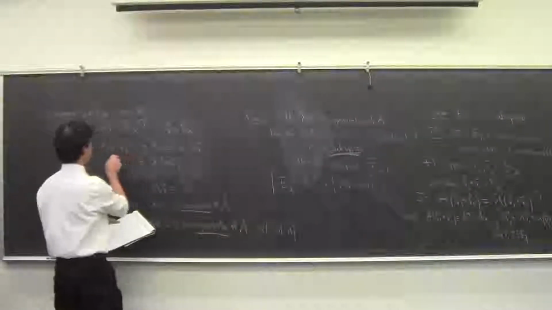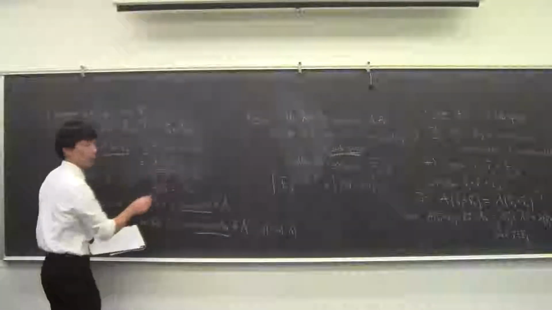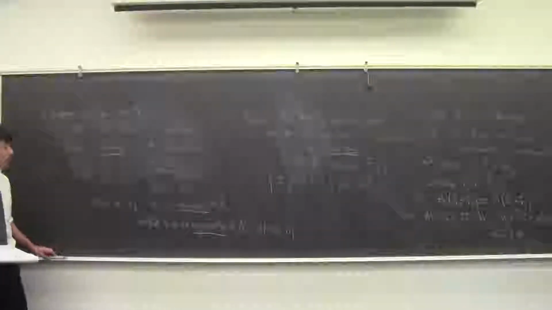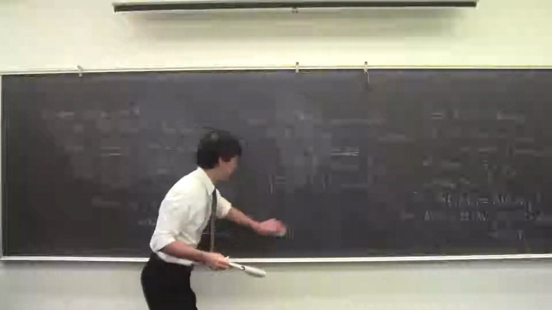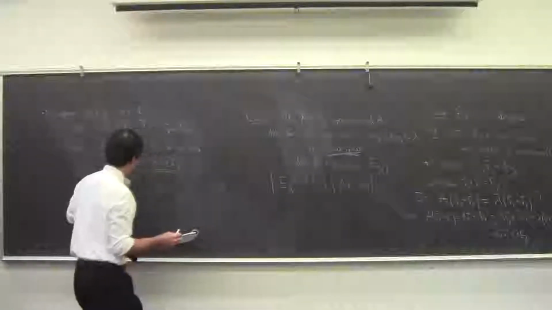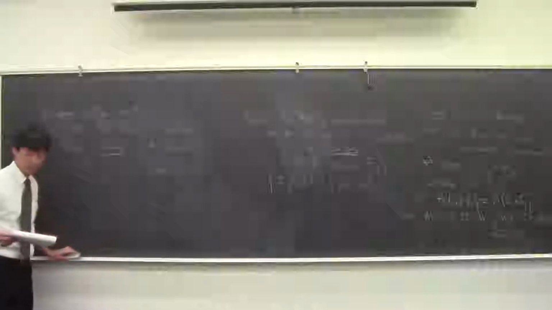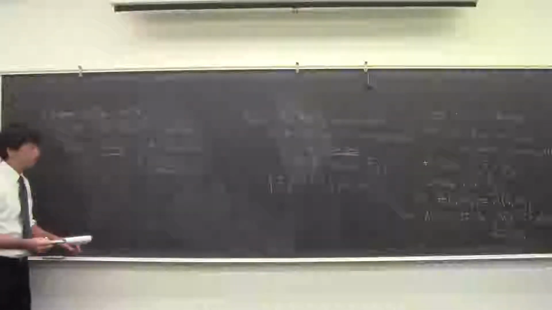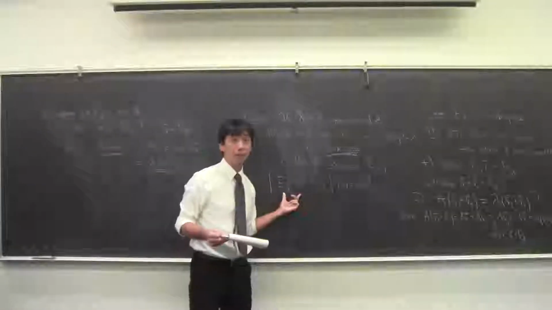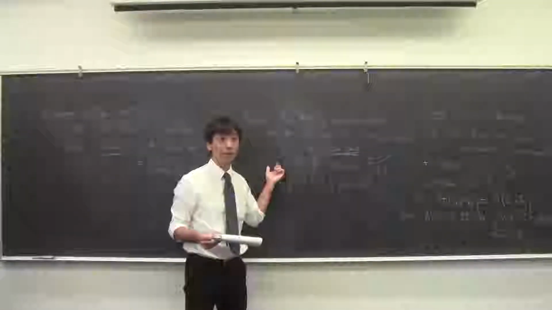Okay, and you're done, right? So A alpha v is lambda alpha v. Okay, so you should be like, of course. Okay, so this thing E sub lambda, this eigenspace actually is a subspace.